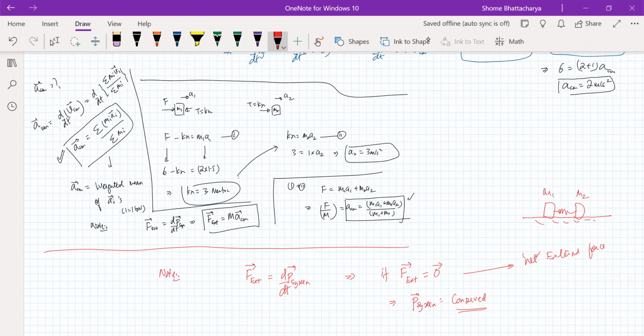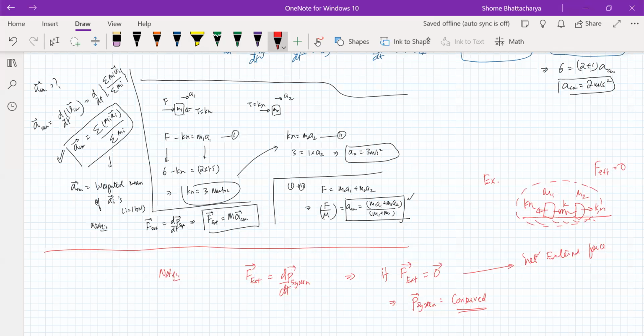So even though at some instant the spring might be applying force on these two like this, because there is no external force, this is a system where the net external force is 0.